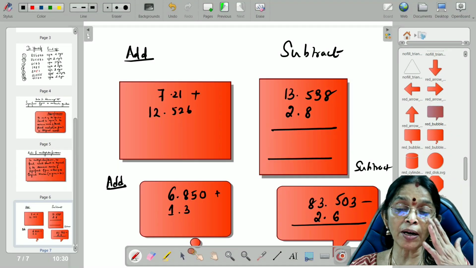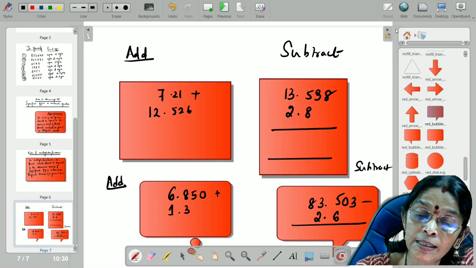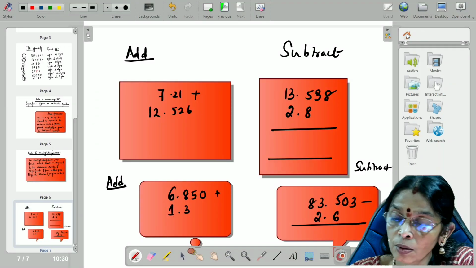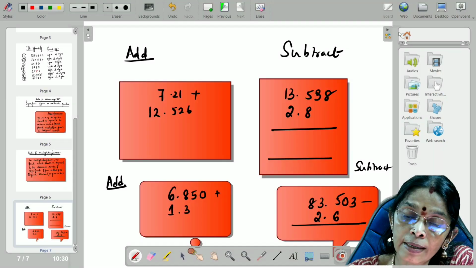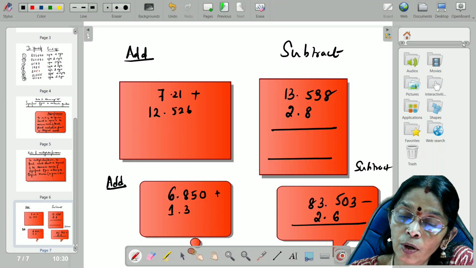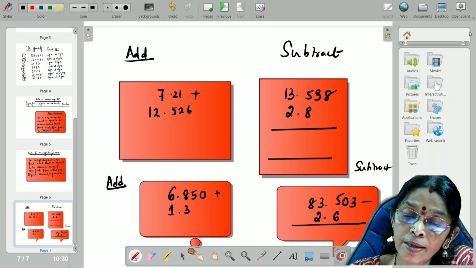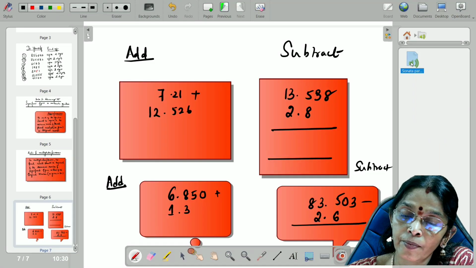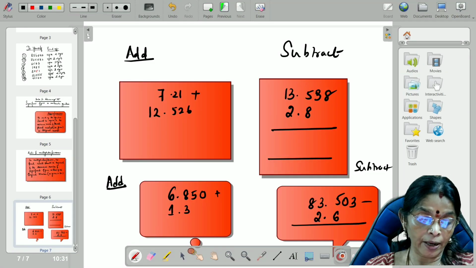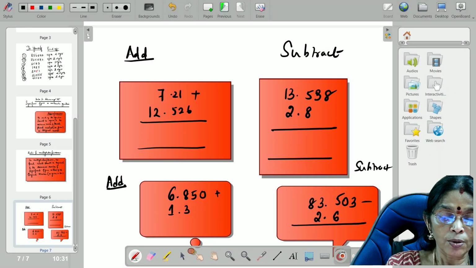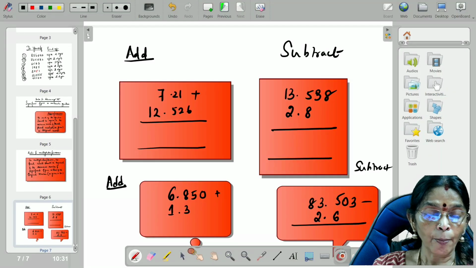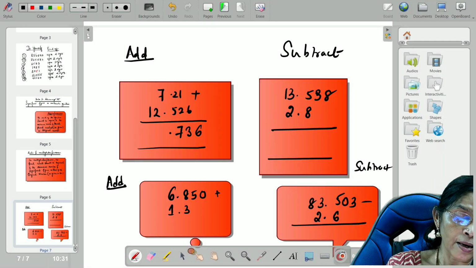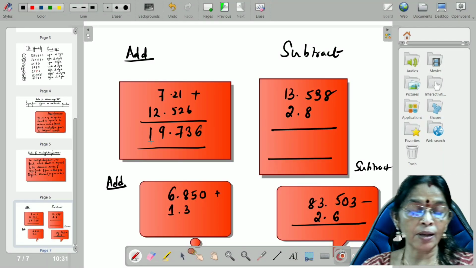Now let me just take the calculator, or you can do it on your own also. So 7.21 plus 12.526 gives 19.736.